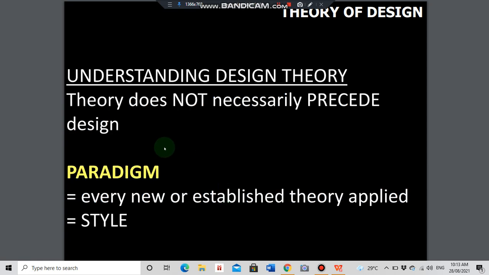Next, understanding design theory. Theory does not necessarily precede design. No? Ibig sabihin, ang theory, hindi niya inuunahan yung design. No? Or go in front, or ahead of, or hindi niya linalagpasan yung design. Theory is only to support or aid the architectural design. So ano lang siya?